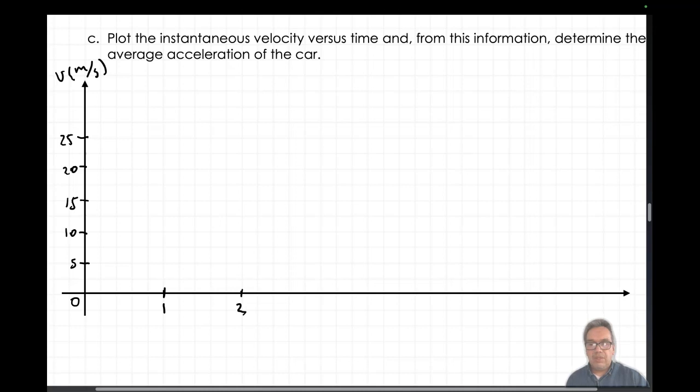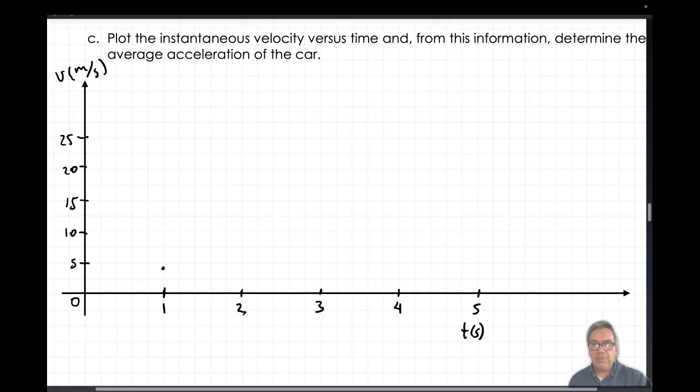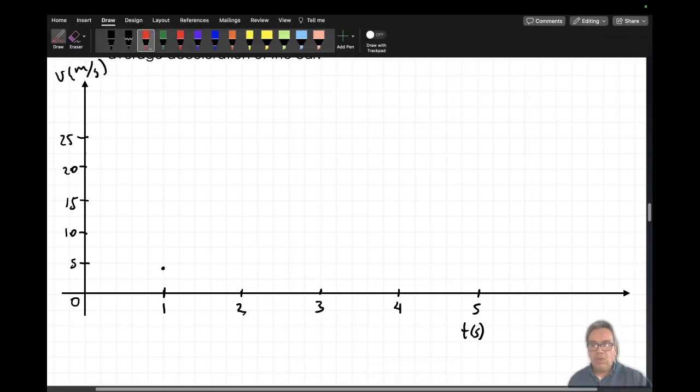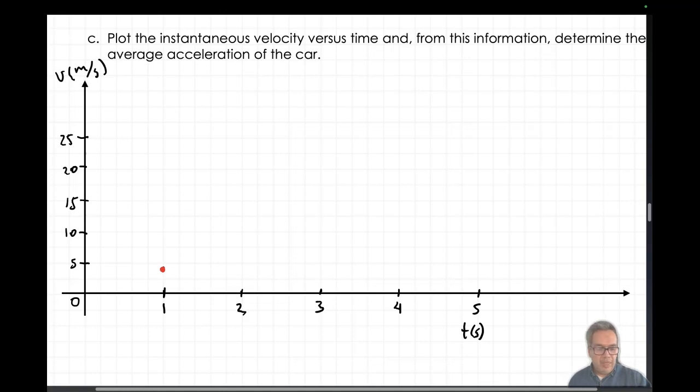So you have 1, 2, 3, 4, and 5 seconds. And this is your time in seconds. Therefore, your first time is 1 second, and you have 4.28, which is approximately over here. Then 8.93, which is almost 9, approximately over here.